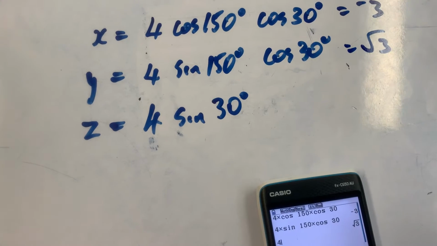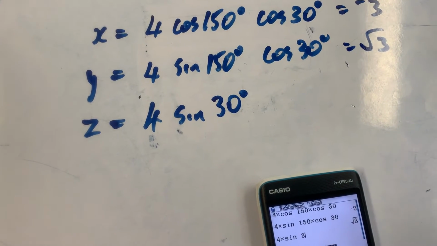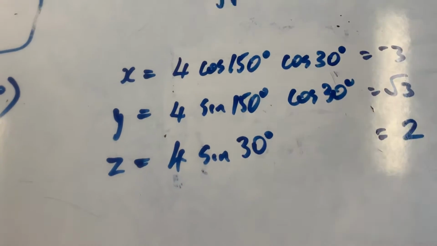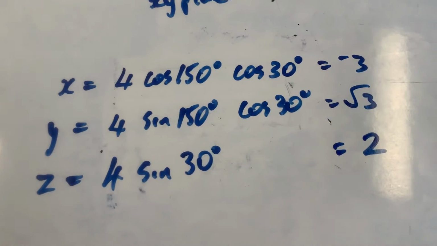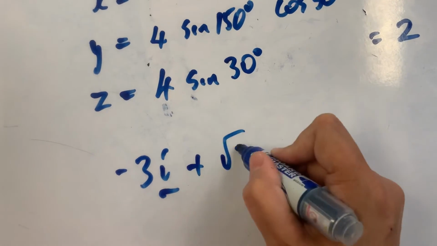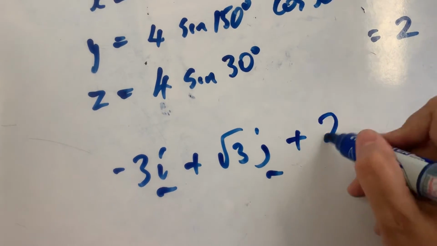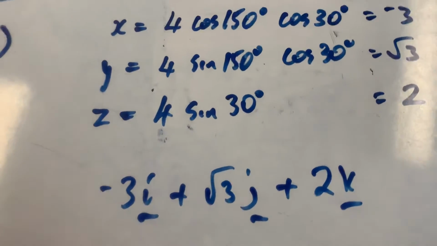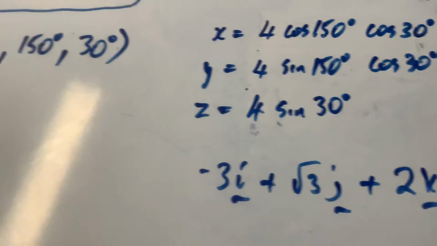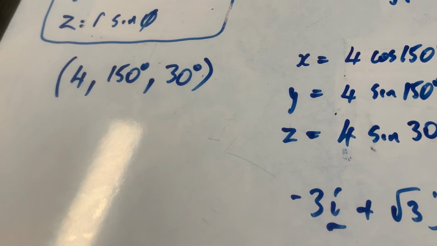And then 4 times sine 30. 2. So in component form, it's -3i plus root 3j plus 2k, the equivalent in component form of our polar vector.